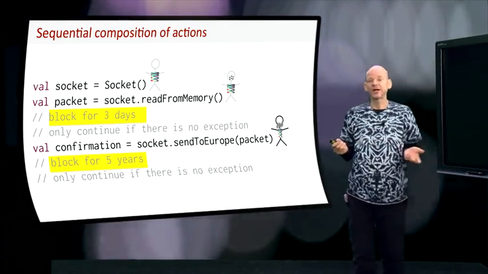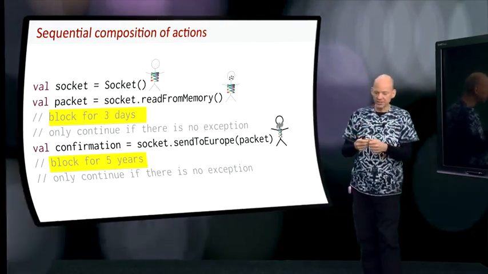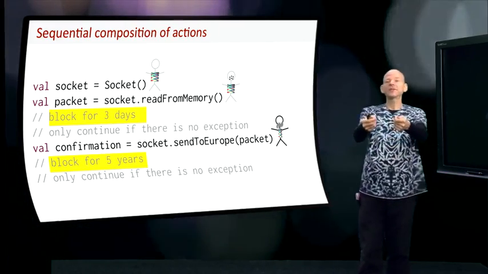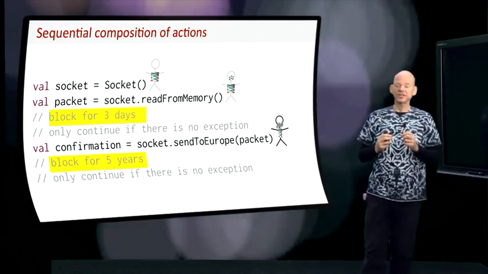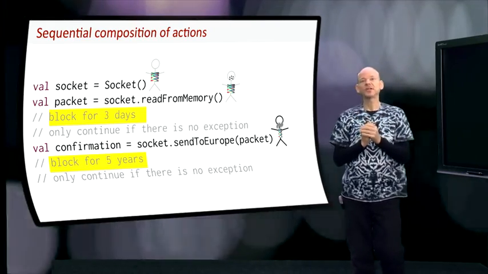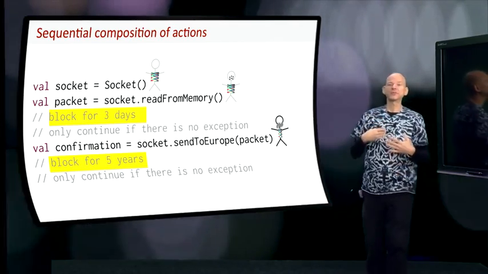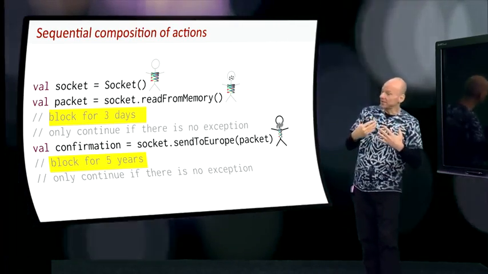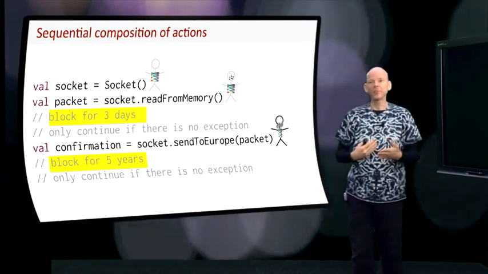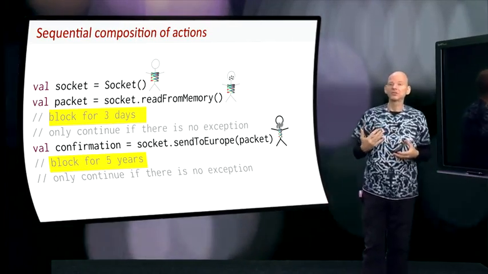You're not going to wait 5 years. What I would do is give this person a self-addressed letter. I would say, here's the question. I know it takes 5 years for you to answer it. Once you have the answer, you put it in this envelope and send it back to me. That idea in computer science is called a callback. And that's exactly the mechanism we're going to use.